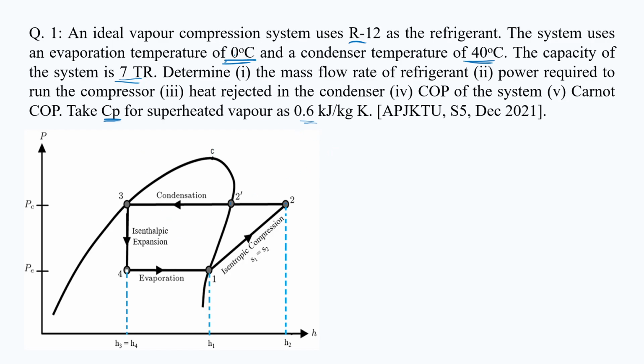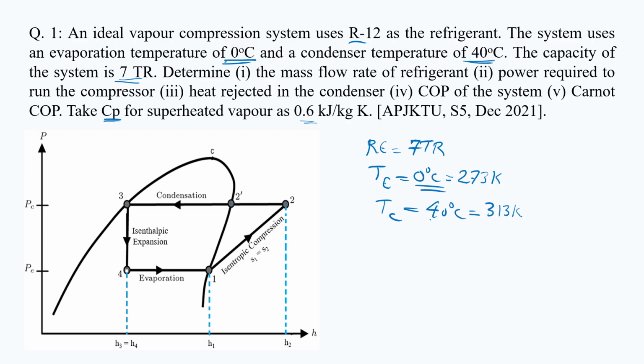So here, first of all, our refrigerating effect is given by 7 tons of refrigeration. Then our evaporator temperature is given by TE as 0 degrees Celsius or 273 Kelvin. Also, the condenser temperature is given as 40 degrees Celsius, which is equivalent to 313 Kelvin.